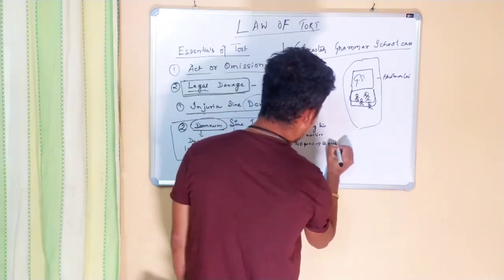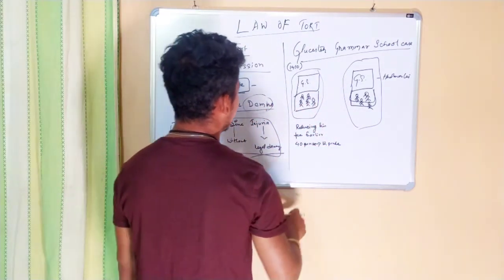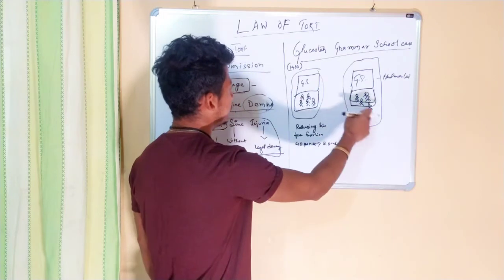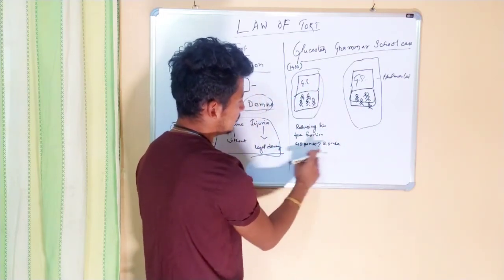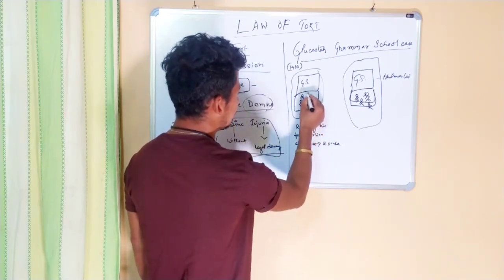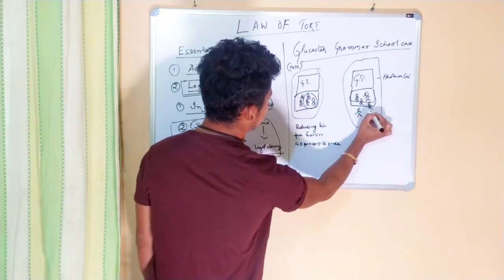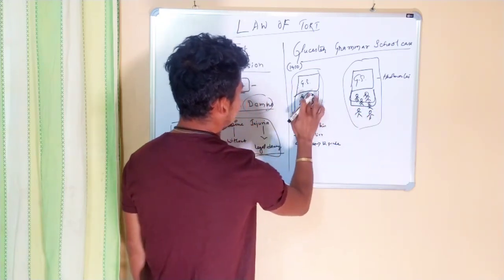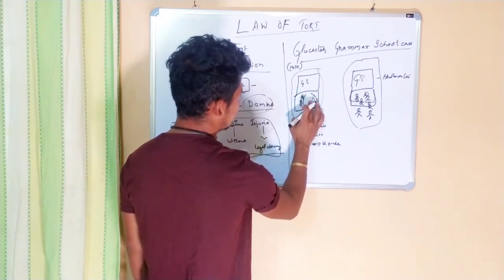With the fear that the students would go to that school, he reduced his school fees from 40 to 12 pence. But even then a substantial number of students went to the other school, and the number of his students started decreasing day by day.